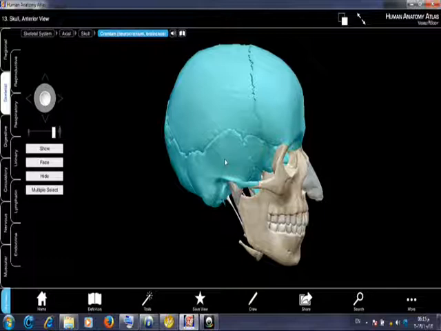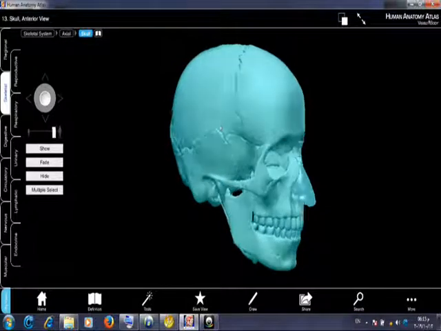Cranium means the bones closely found and circulating around the brain. That means it protects the brain only. This is called the cranium. But the skull also includes the face. I think you now know the difference between the skull and the cranium.